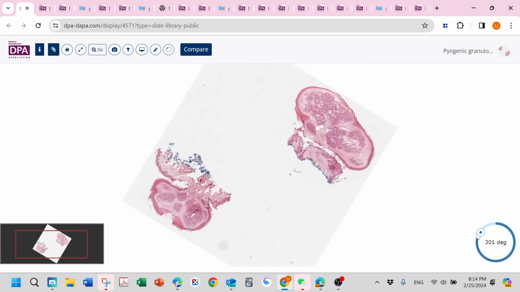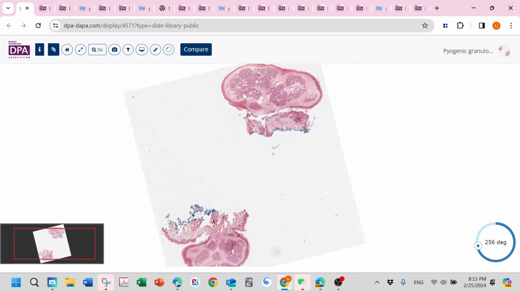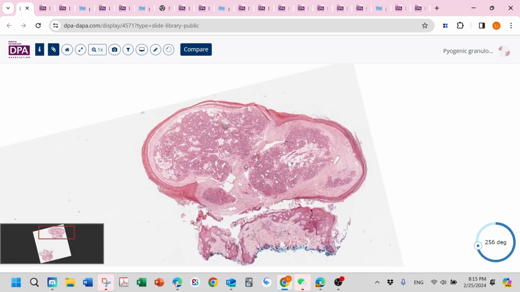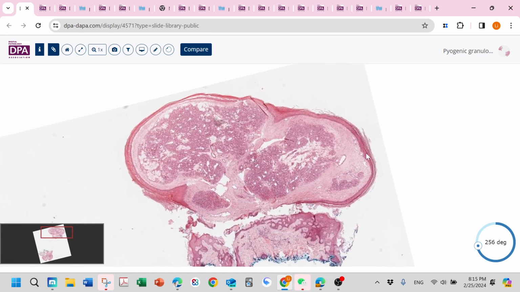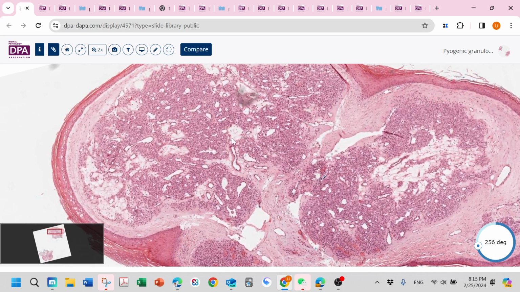Another example of pyogenic granuloma, lobular capillary feature. Even in low power, we know this nodule is exophytic because this is a normal epidermis, just a nodule growing out with this lobular structure, big vessel in the middle, and then small capillary vessels around.